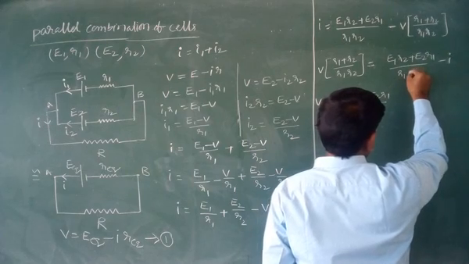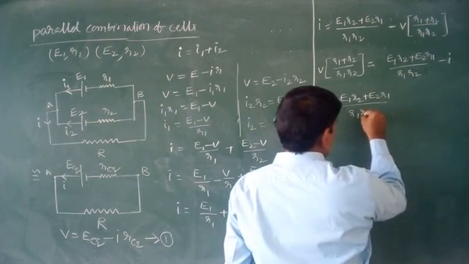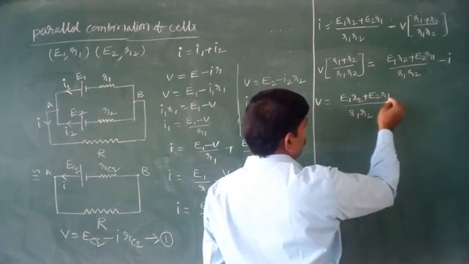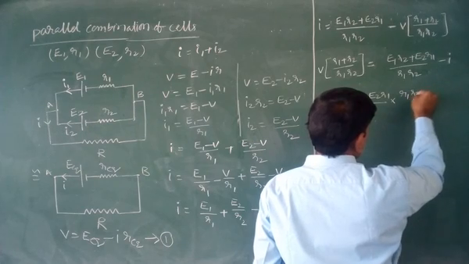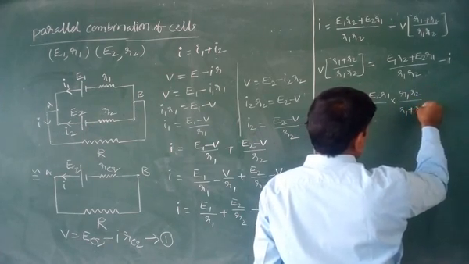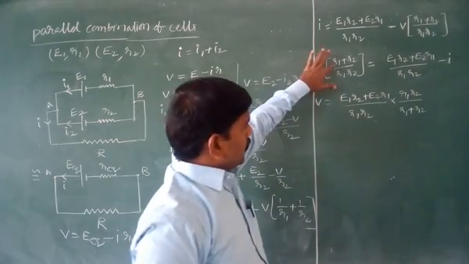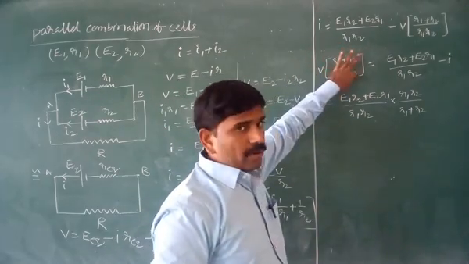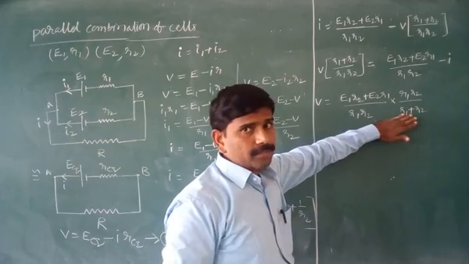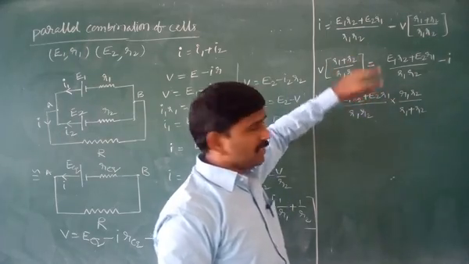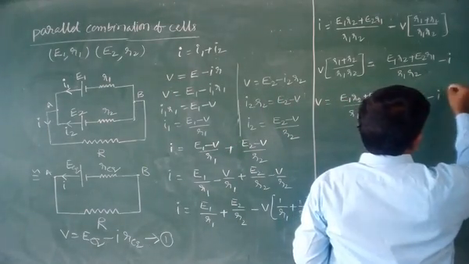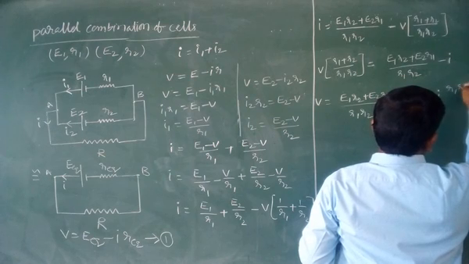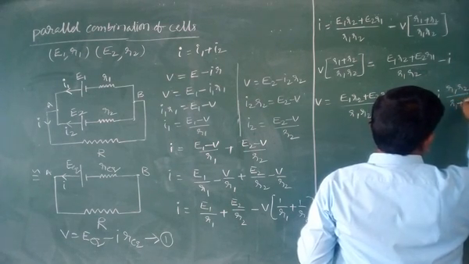Here this is R1 R2 by R1 plus R2. When that comes to this side, the fraction is reversed. So minus I into R1 R2 by R1 plus R2.